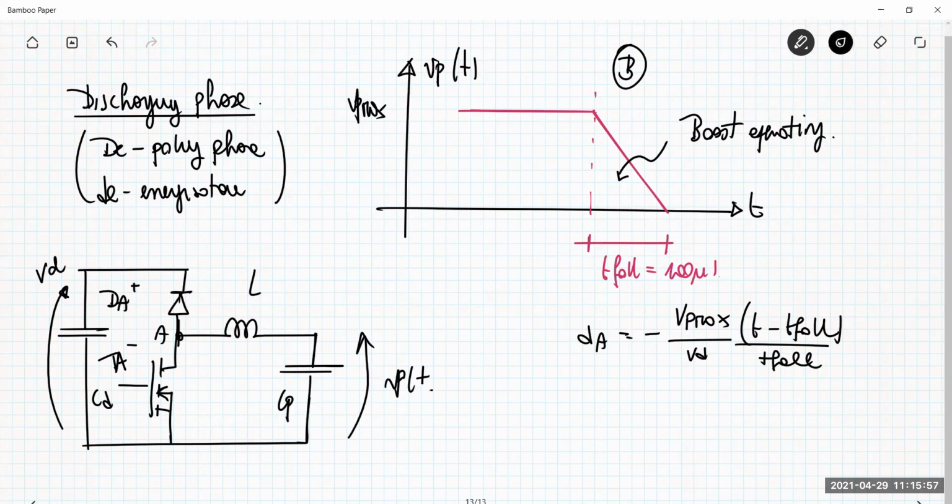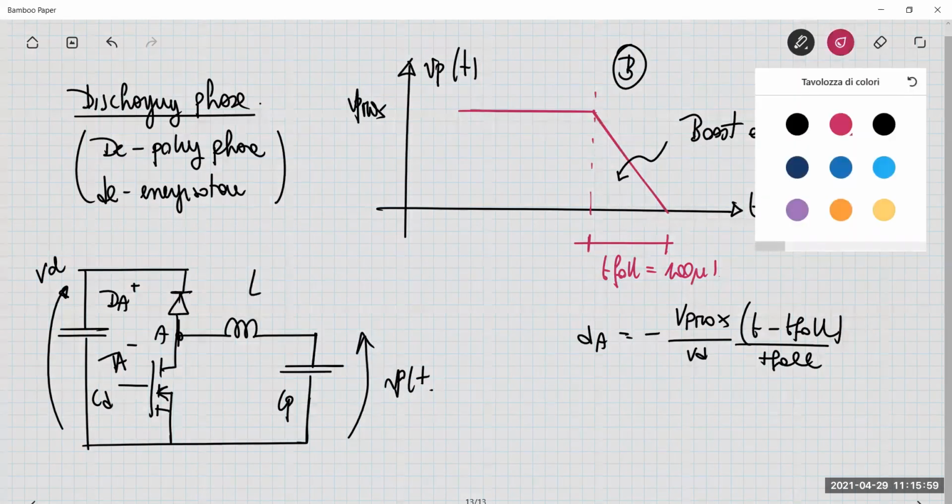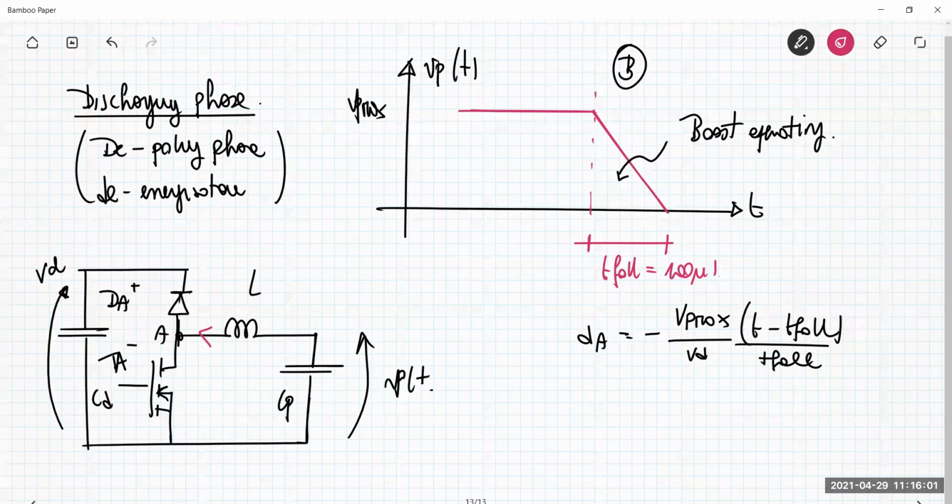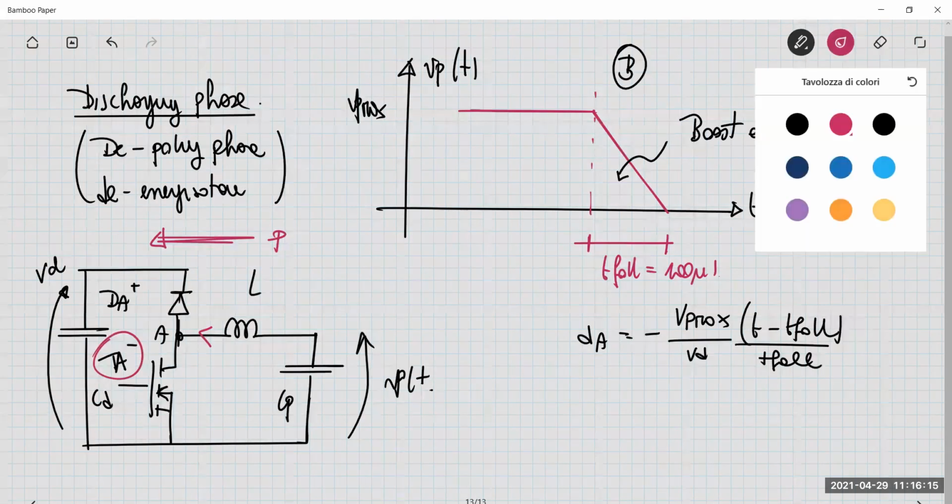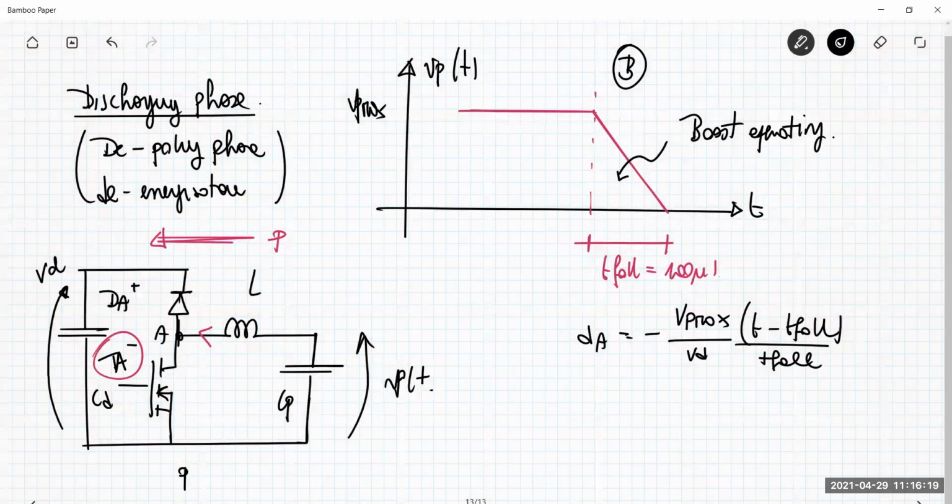The current is negative in this phase, so the current goes in this direction. The power flow translates from the right to the left. Boost operating mode. This transistor TA minus is operated by a unitary switching function which is QA naught, which is 1 minus QA, the unitary switching function of the transistor TA plus.